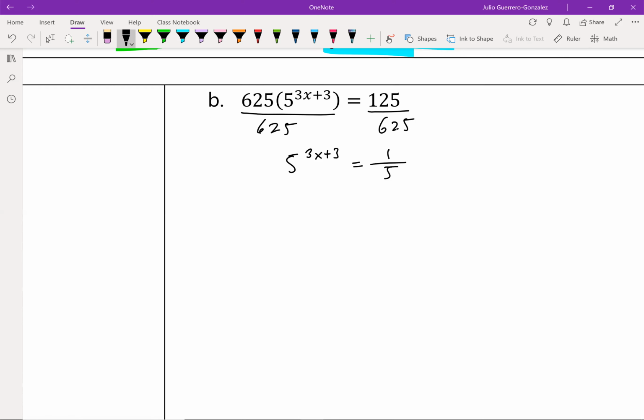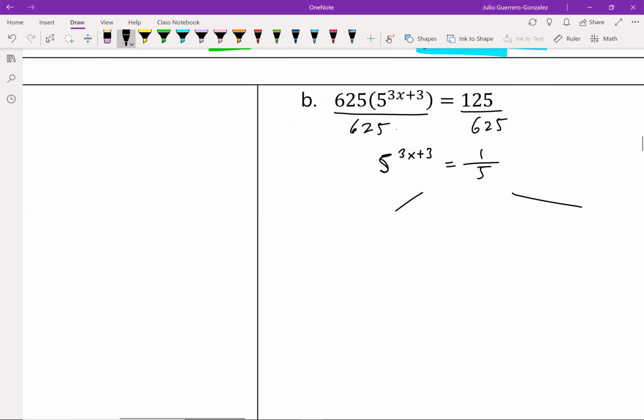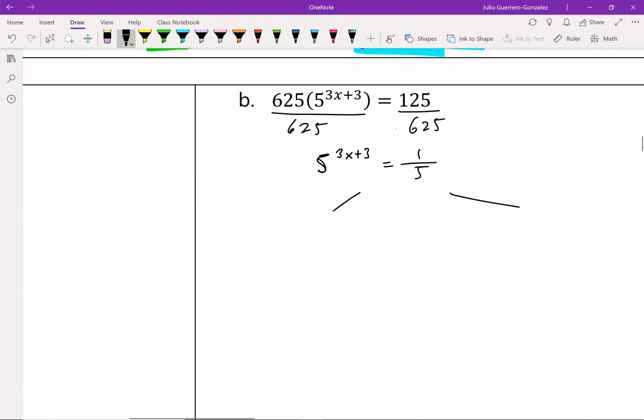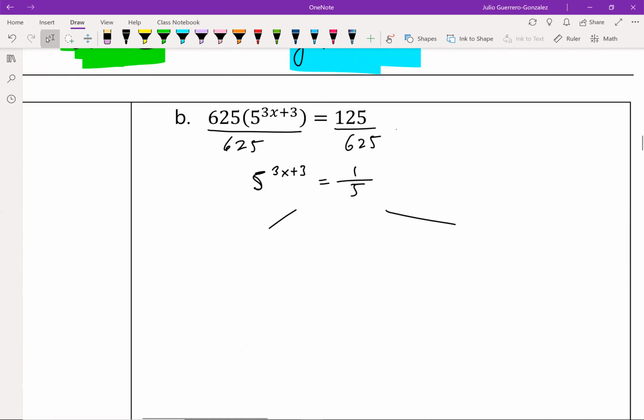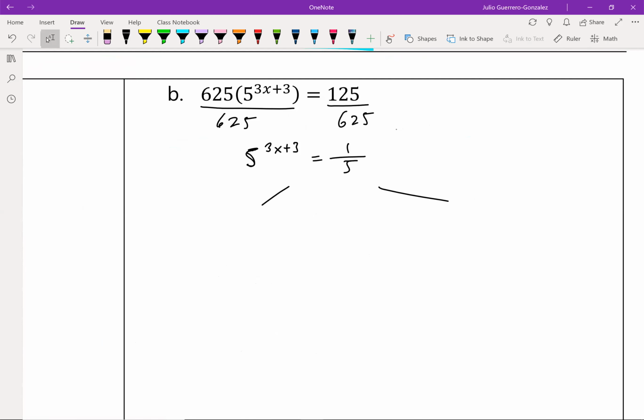Now notice we can do this two ways. I'm going to split this up. We can turn this using the same trick that we did over here, where we used our handy dandy trick above it. So I can do log base 5 of 1/5 is equal to 3x plus 3. Minus 3 on both sides.